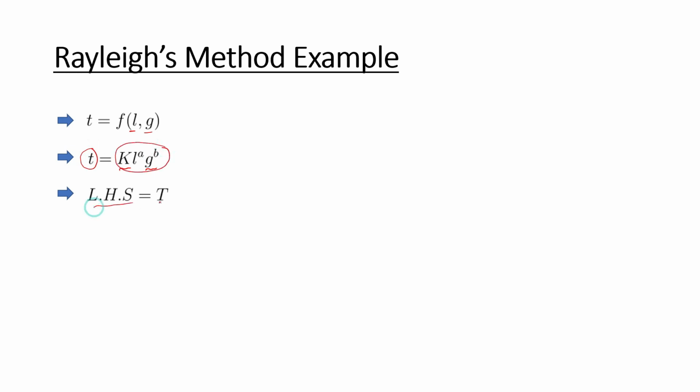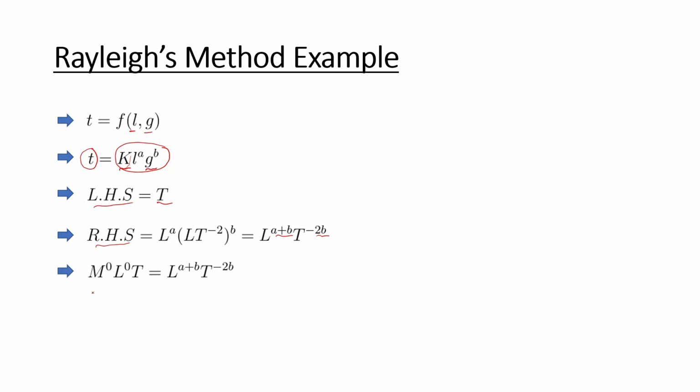LHS is equal to capital T, and for the RHS, K doesn't have any dimension, it is a numerical constant. So L is capital L raised to a, g is LT^-2 all raised to b. So that is L raised to a plus b into T raised to minus 2b.